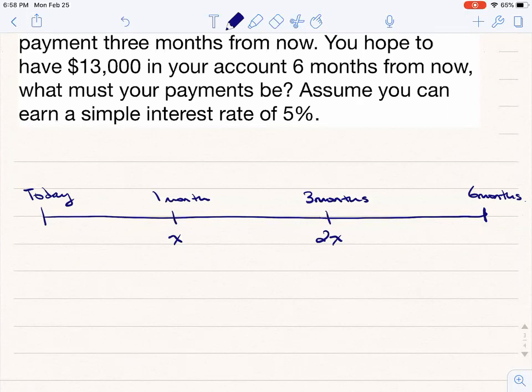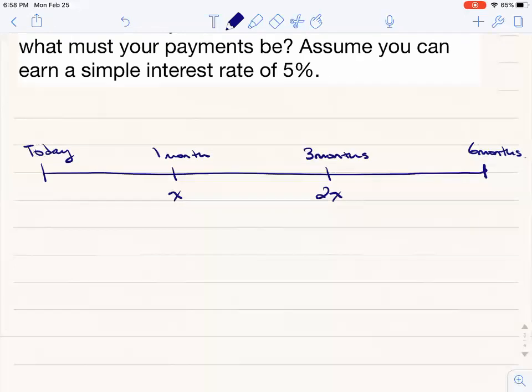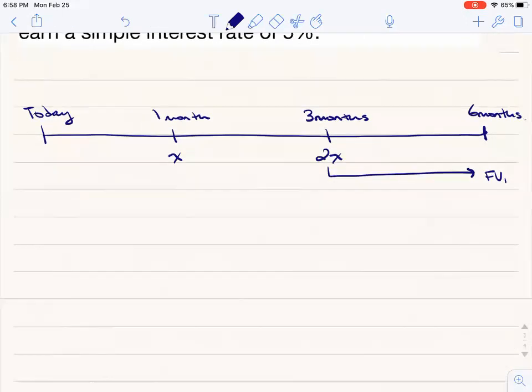What we're going to do is draw these arrows. This 2x has to grow to some future value 1, and this x has to grow to some future value 2.